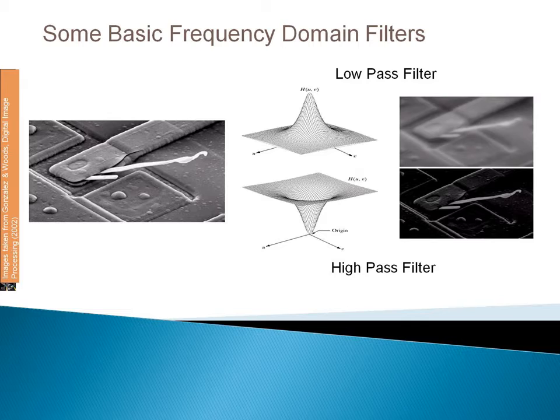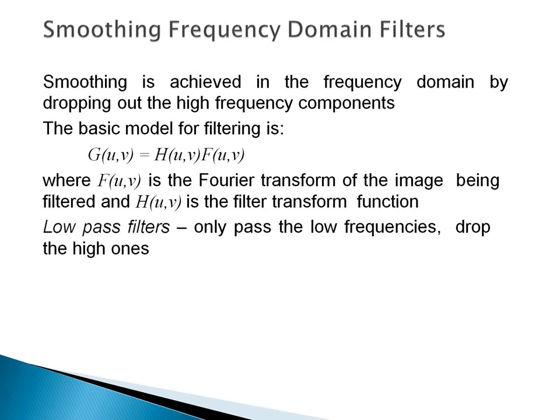So we can make use of different frequency domain filters, like low frequency or high frequency, to see the output of an image. Now we will see how we can go for image smoothing using frequency domain filters.